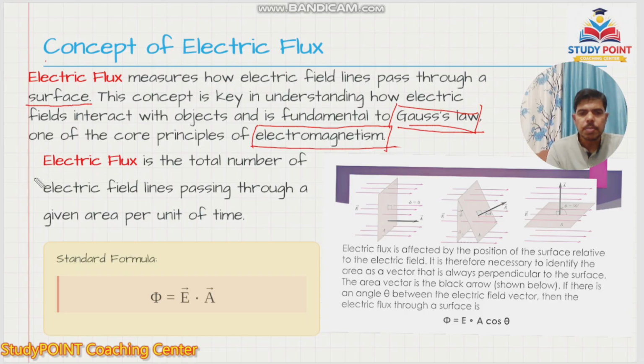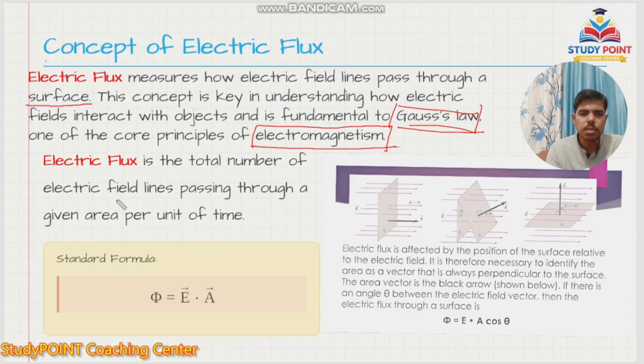Now, mathematically, what is the definition of electric flux? Electric flux is the total number of electric field lines passing through a given area per unit time.